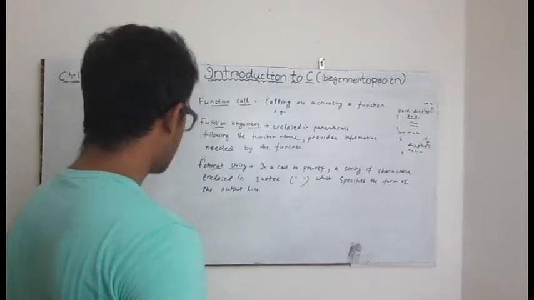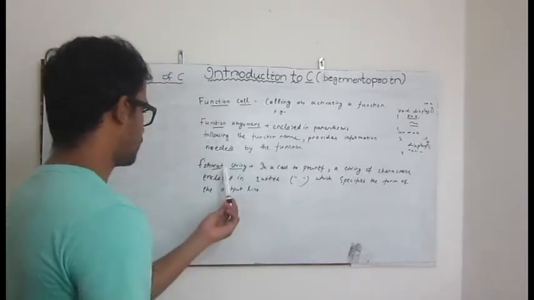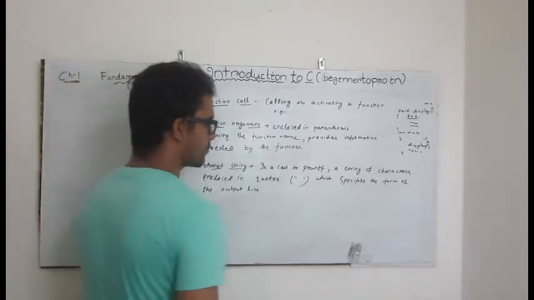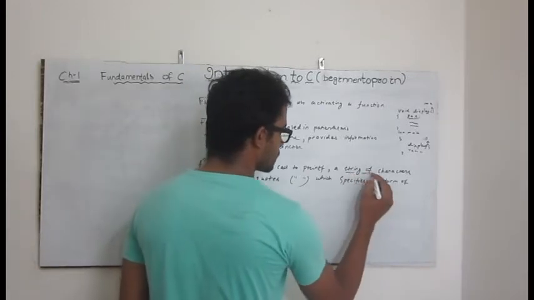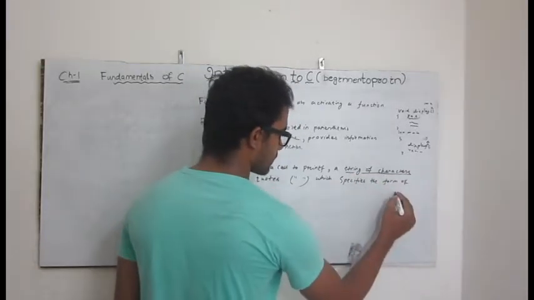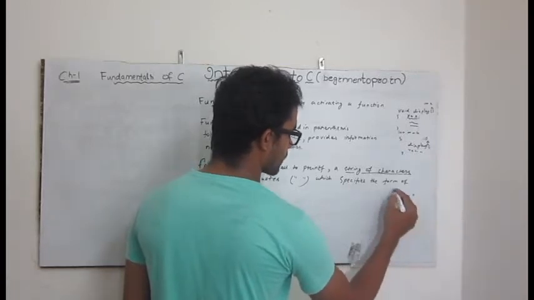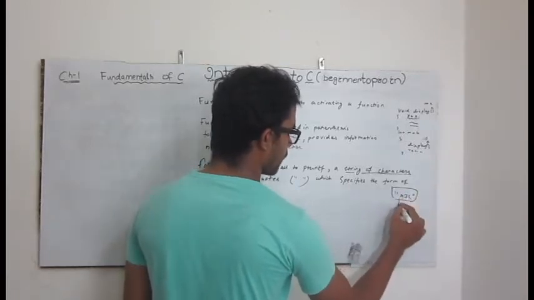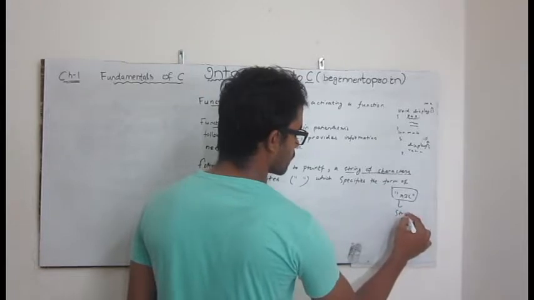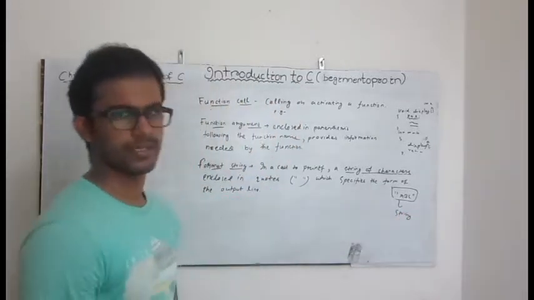That's it. So you need to remember only this: string of characters. A is a character, B is a character, C is a character; together they form a string. It is the format string, nothing else.